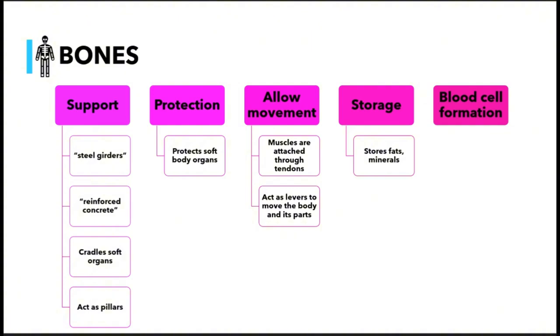So some problems may occur with the level of calcium in the blood. Okay, if the level of calcium in the blood is too high, that is known as your hypercalcemia. And if it's too low, it is known as your hypocalcemia. So, what is the mechanism by which the calcium is increased and decreased in level in the blood? That is through deposits and through withdrawals.